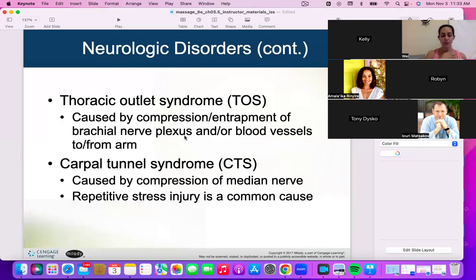Now, nearby vessels here, we talked about the axillary artery, which is closer to the axillary region, and the subclavian vein, right? We talked about those, they may also cause this entrapment. So what we could do here is alleviate, well, it depends on the situation, okay? It depends on the muscle involved.